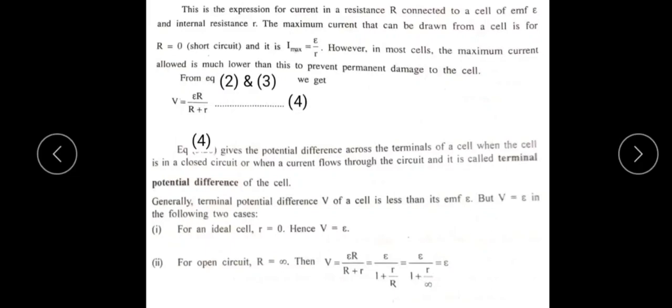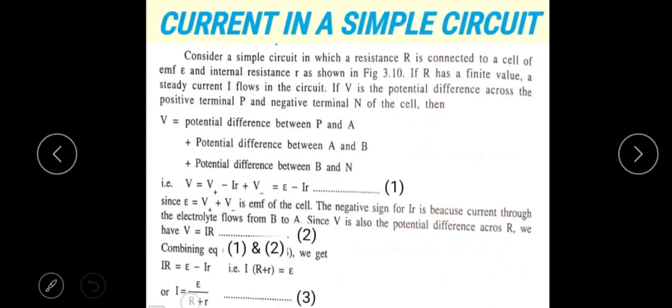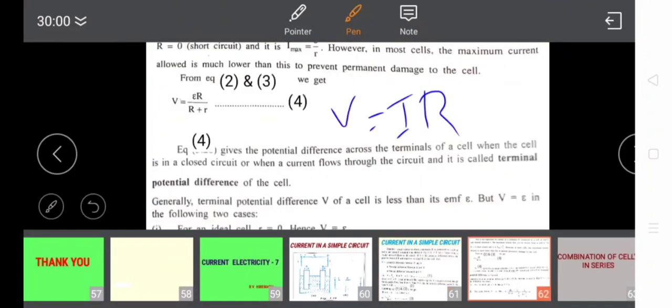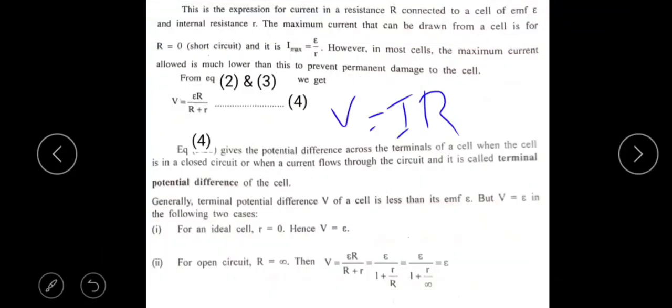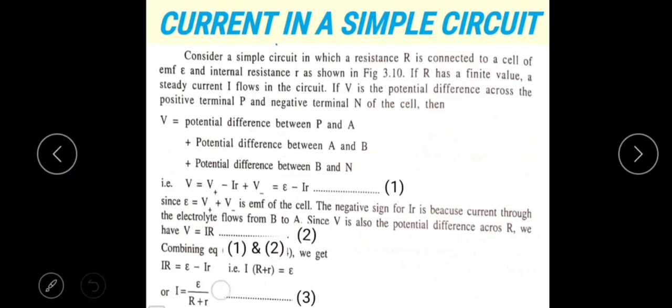From equation number 2 and 3, we know that V is equal to IR from Ohm's law. In place of I, we substitute the value, we know the current through a simple circuit is I equal to E divided by R plus r.